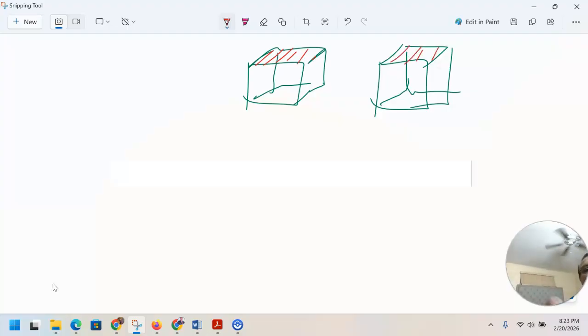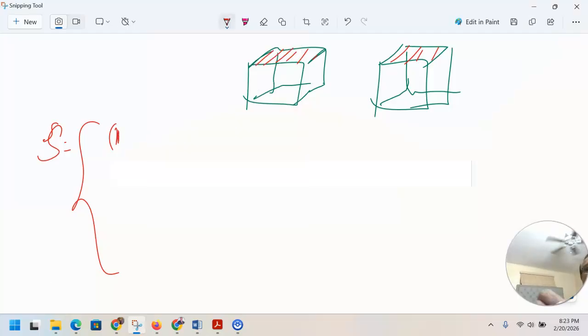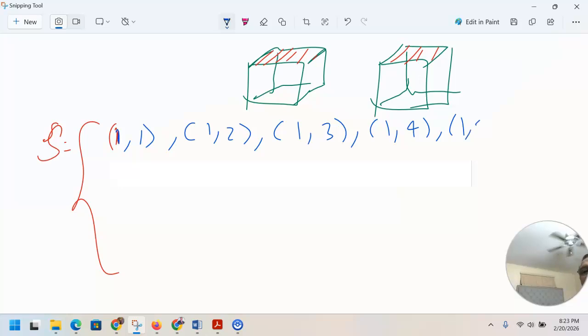So it could be 1, 1. There are a lot of options here. The sample space could be: the first one is 1 and the second one is 1, or the first one is 1 and the second one is 2, and like this you can keep going.